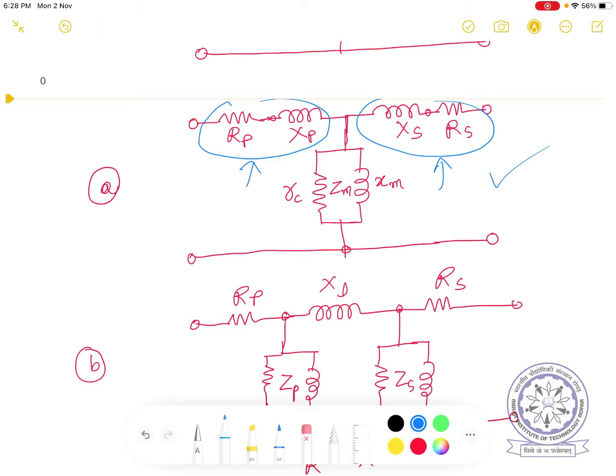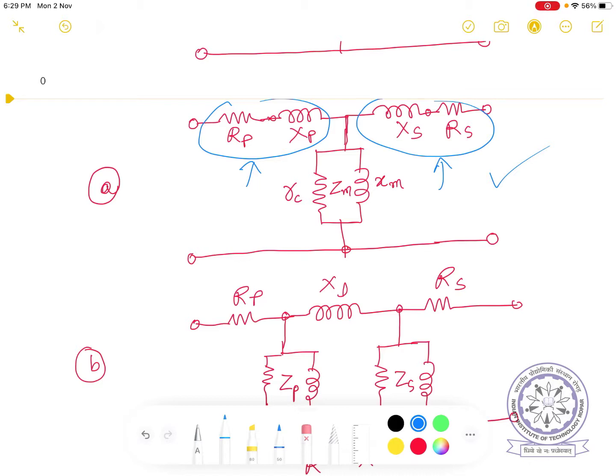Of course, when you refer them, some balance will be there due to the turns ratio, but still primary and secondary leakage impedances need not be the same. Is there a way by which we can separate out these impedances based on the short circuit result from the combined reactances? Can we separate them out?